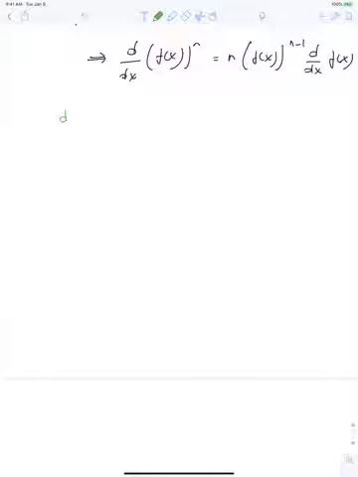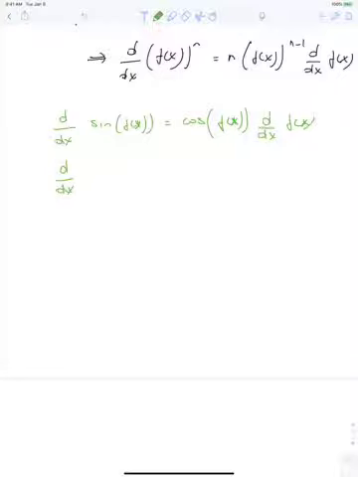Then if you have the derivative d/dx of sine of f of x, the derivative of sine is cosine, computed at f of x, and then you have the derivative of f of x. If you have the derivative of cosine of f of x, the derivative of cosine is minus sine, so this is minus sine of f of x times the derivative of f of x.